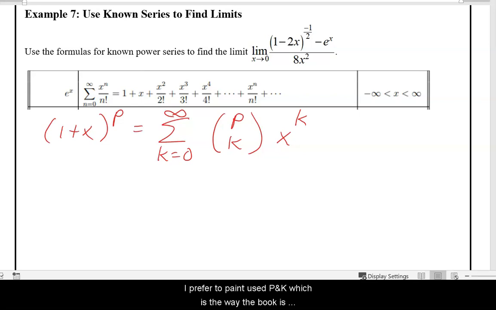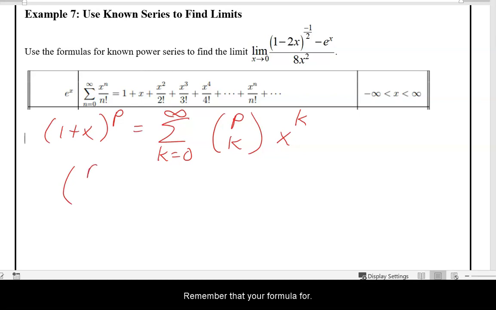I prefer to use p and k because the way the book is using the n is backwards to the way that it is normally used in combinations when you study probability and statistics. I find it too confusing, so I've just switched to p and k instead.